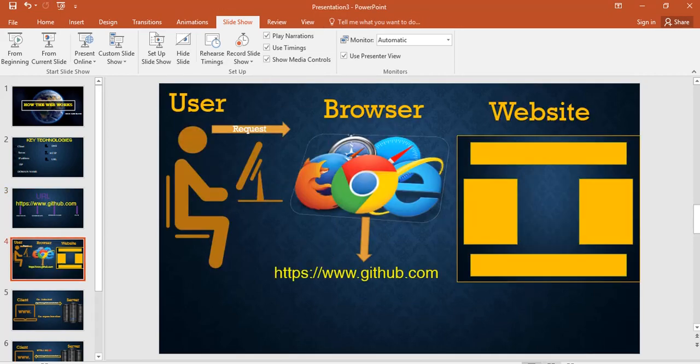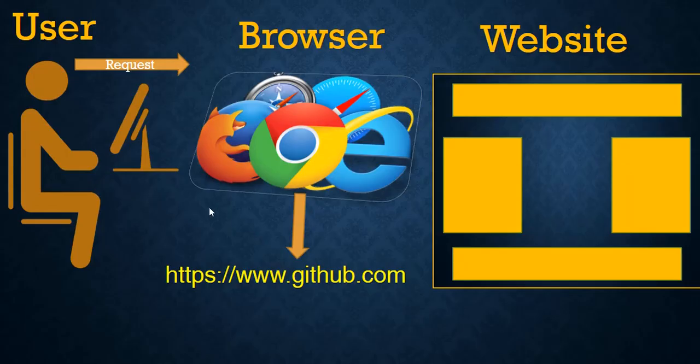Now, let's actually start to understand things very well. We are just brushing through, but now we are going to understand what the whole thing actually means. This is our user sitting beautifully with his or her computer. It makes a request.